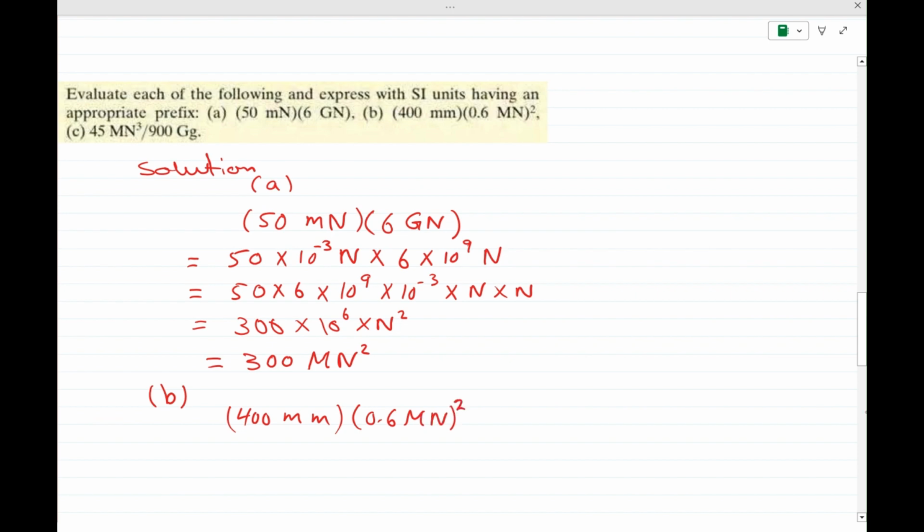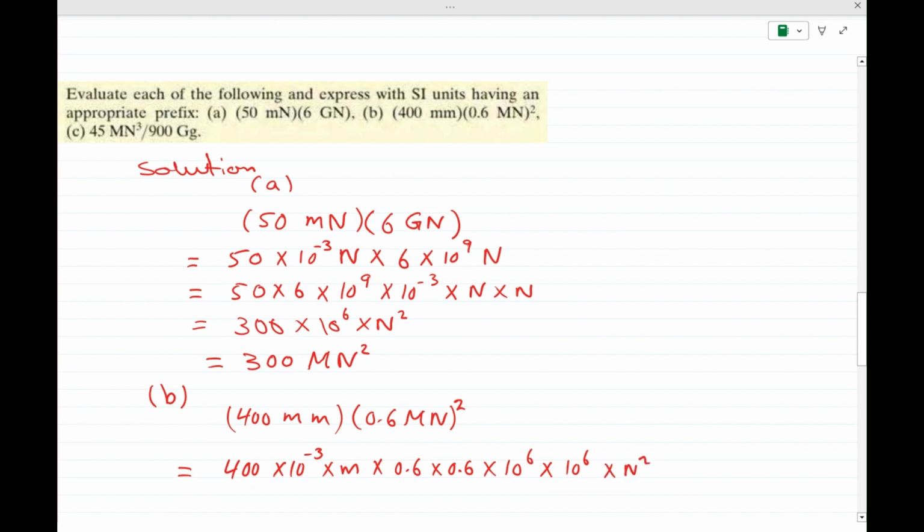This should equal 400 milli, which is 10 to the power negative 3 meter, of course, times 0.6 times 0.6 because it is squared, times mega, which is 10 to the power 6 times 10 to the power 6 again because it is squared, times newton squared.